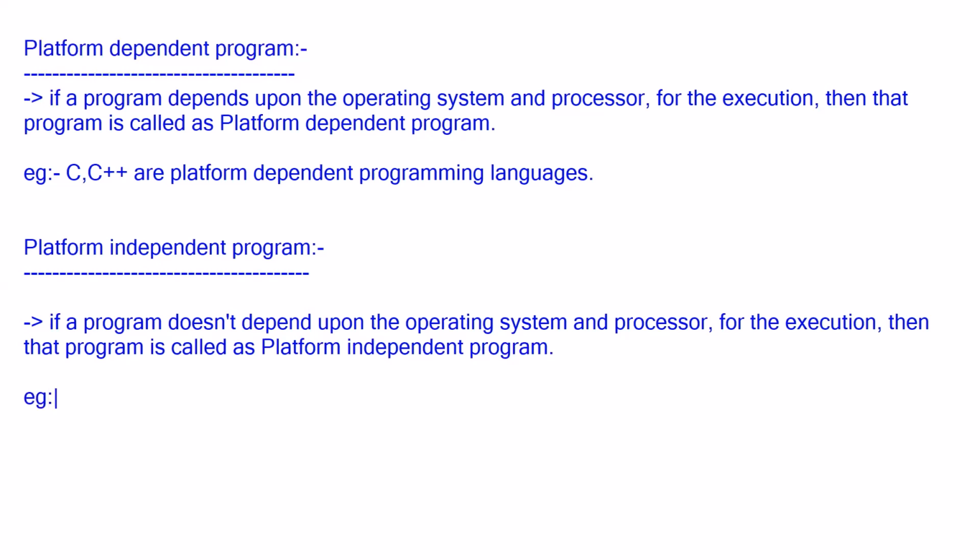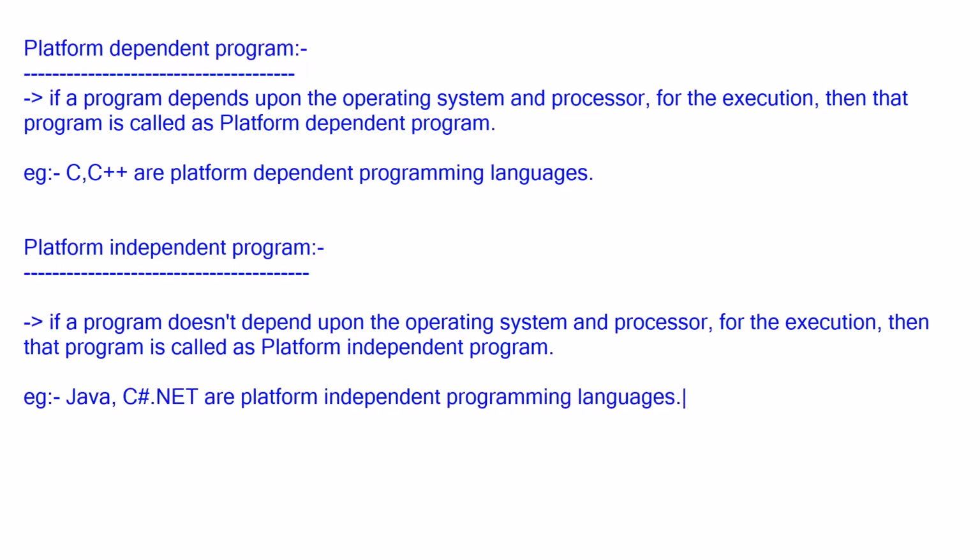Any example? Yes. Java and C Sharp are platform independent programming languages. So the first one, Java, is said to be a platform independent programming language. There are other programming languages also which are platform independent, but here I'm taking only these two, Java and C Sharp.net.